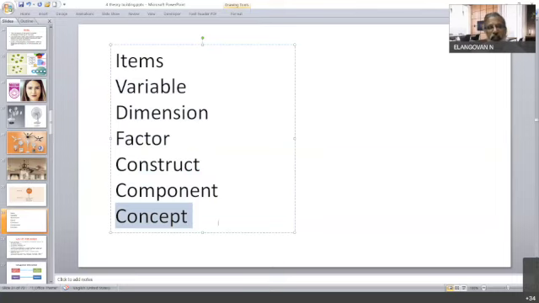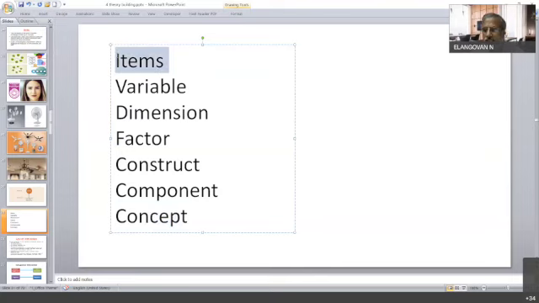That is why in research papers, when you read, you will see all these terms indicating the measure, but each of them is at a different abstract level.